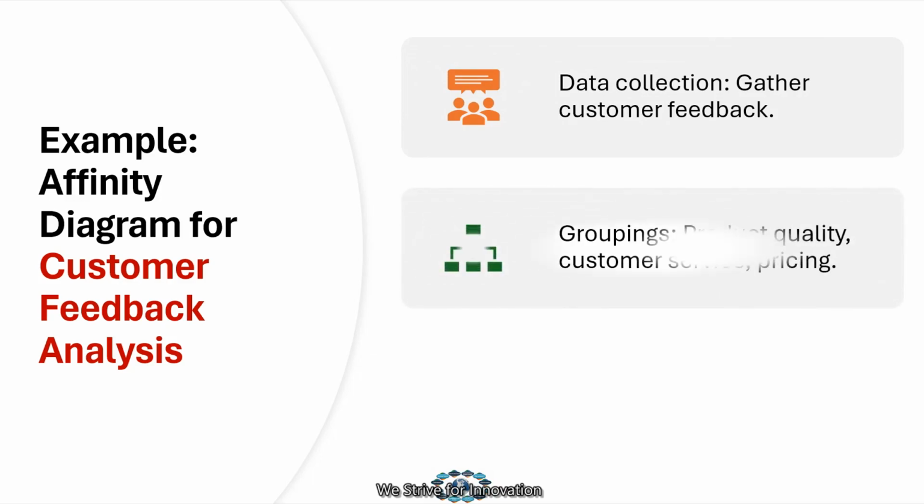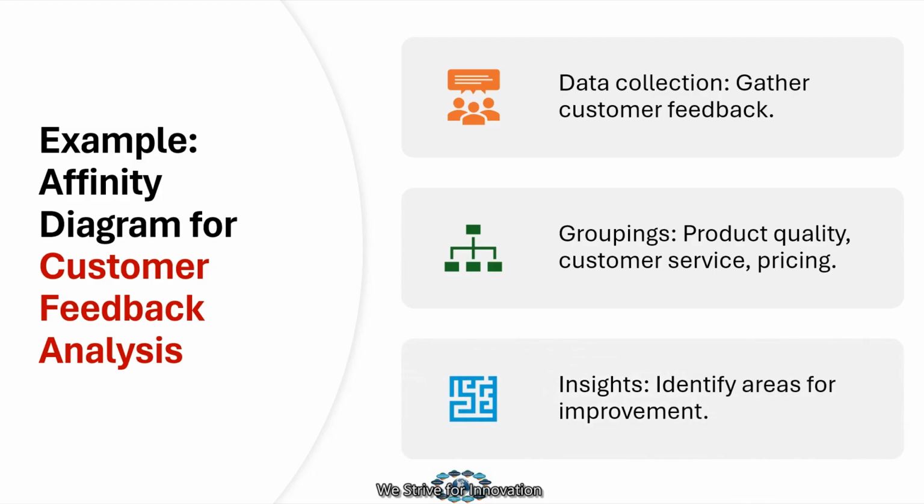Then group that data, which will identify themes in the feedback such as product quality, customer service, and pricing. And then for the insight, you will analyze the feedback to identify areas for improvement and prioritize actions such as enhancing product features or providing additional training to customer service staff.